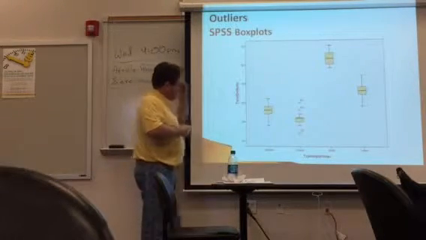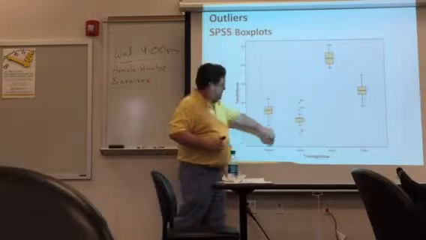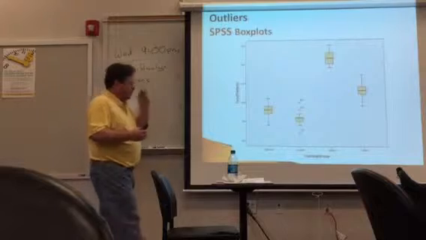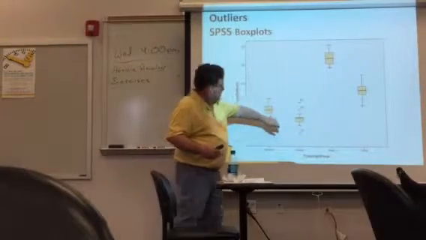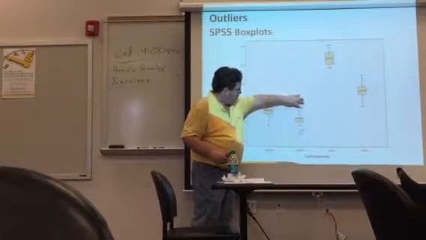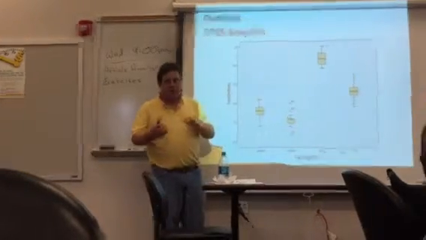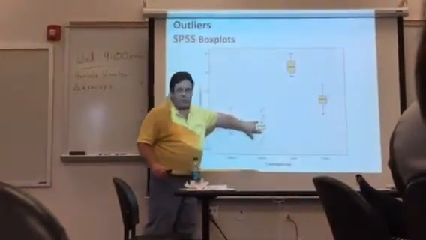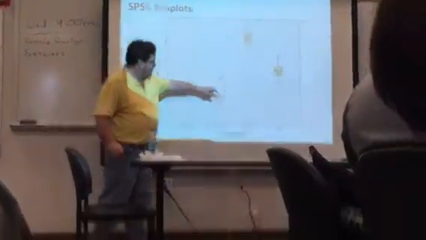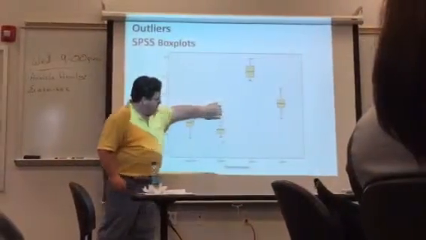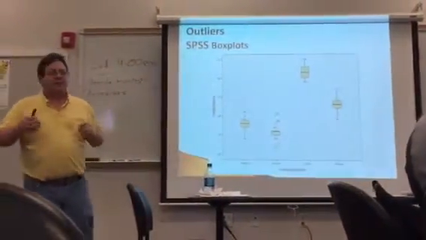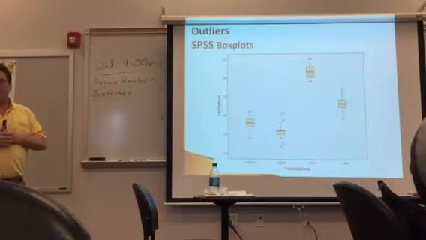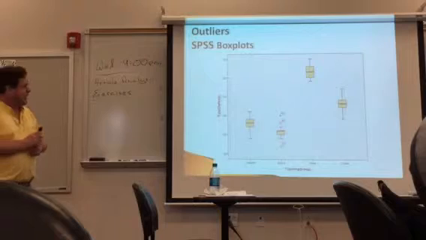So you can do box plots, and you can see the observations that look suspicious. And this one is outside the normal range for this group. This, if I remember right, is the interquartile range. This one's above it. This one, SPSS is saying, is significantly above, or actually, I guess, below the rest of the observations.